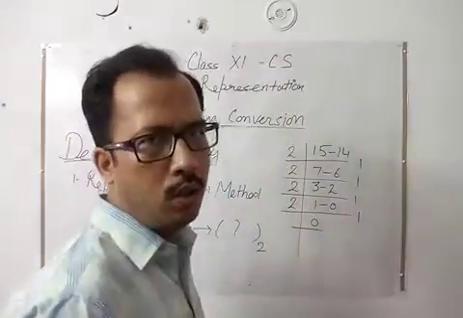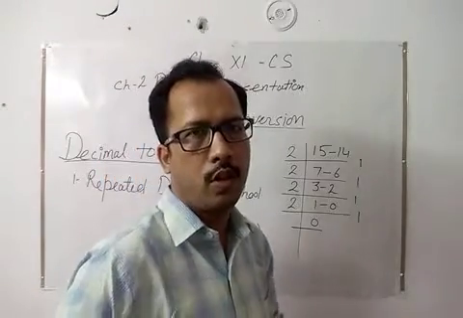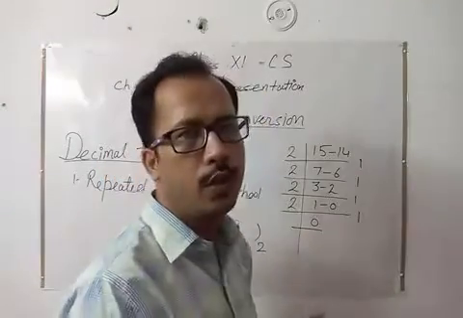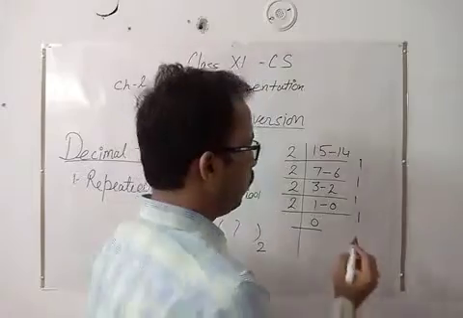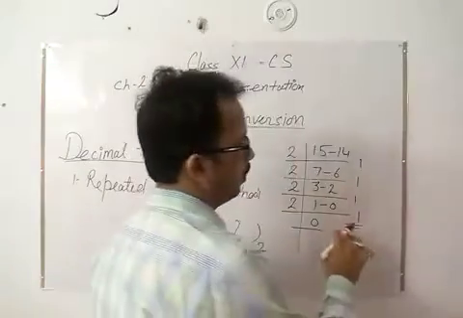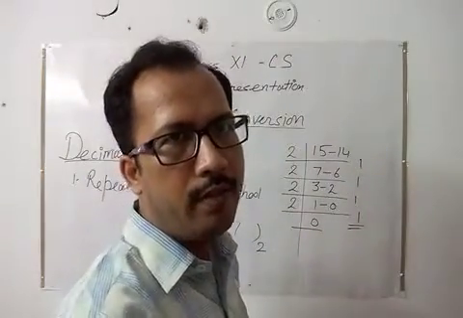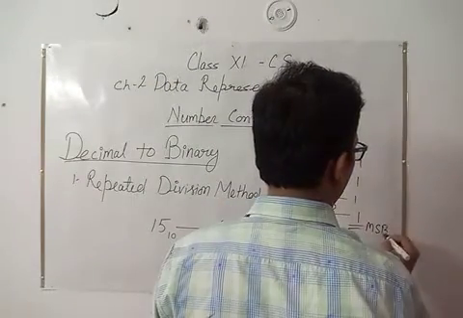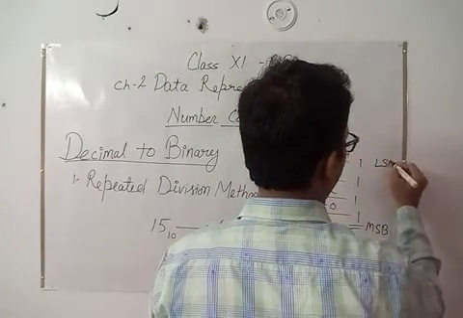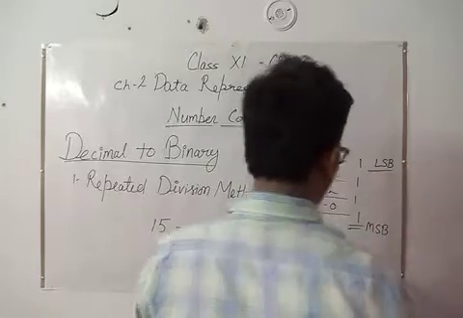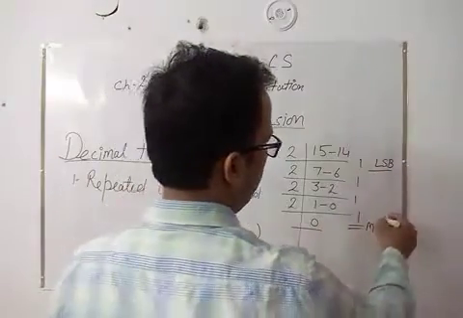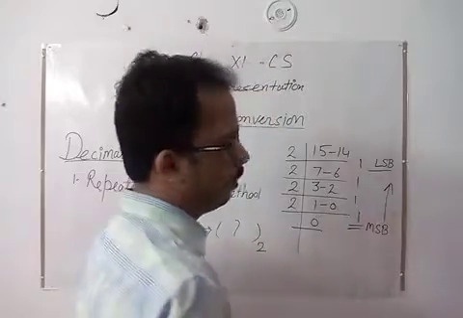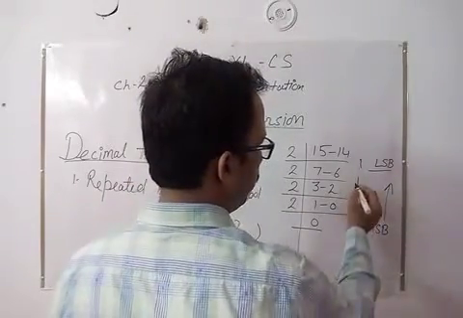We will not do further division, so we stop right here when we get 0 at the last. And I told you that the last remainder will be the MSB. So it is the MSB and it is the LSB. Now reading in that direction, it will give 1 1 1 1.